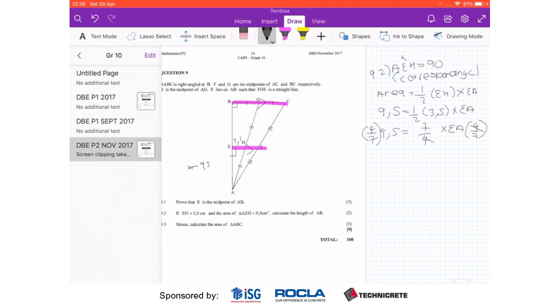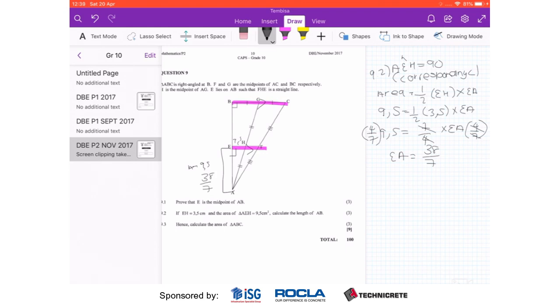On the side it's going to cancel out. So EA is equal to 4 over 7 times 9.5. It is 38 over 7. I'm not going to round off just yet. Okay, so that is what I just found now. I found EA to be 38 over 7.